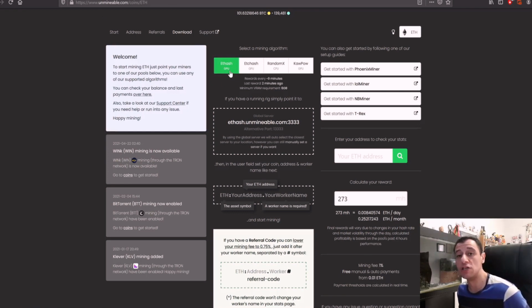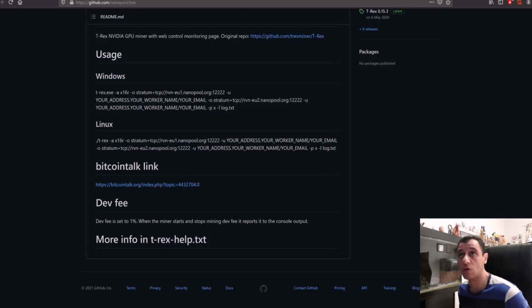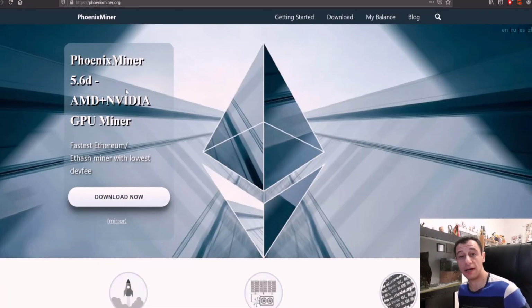But you also need to keep in mind that if I'm using my GPU, for example, there is also a dev fee. If I'm using T-Rex miner, there is another 1% dev fee for using the T-Rex miner. If you're using Phoenix miner, which by the way, a new version was just released, it is 5.6d now, the dev fee is the lowest there is in the industry at the moment at 0.65%. Just keep in mind that you need to include the miner fee as well, and it's not just about the pool fee.